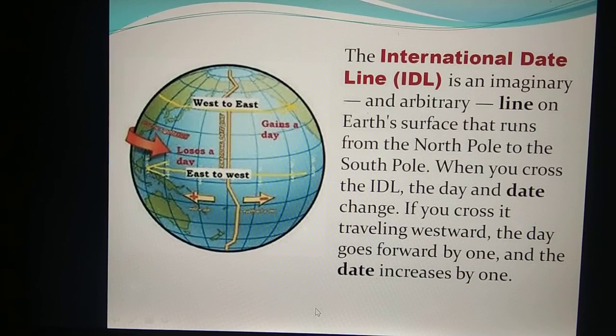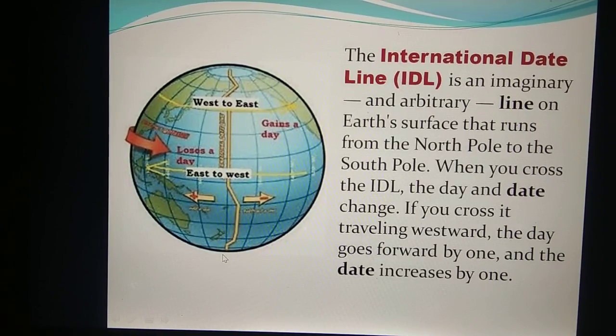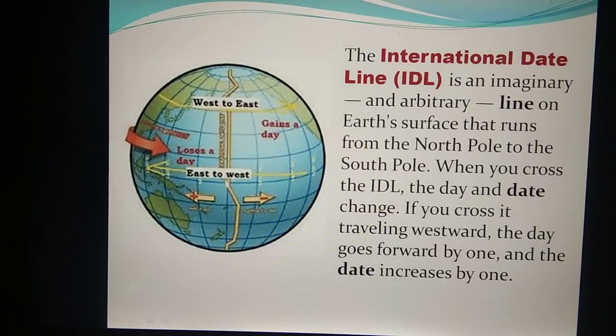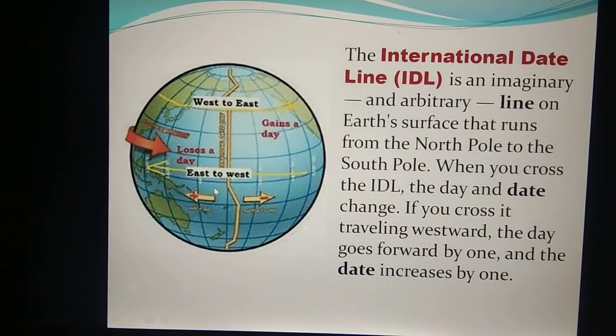The international date line is an imaginary line that runs on Earth's surface from North Pole to the South Pole. When you cross the international date line, the date as well as the day increases or decreases.